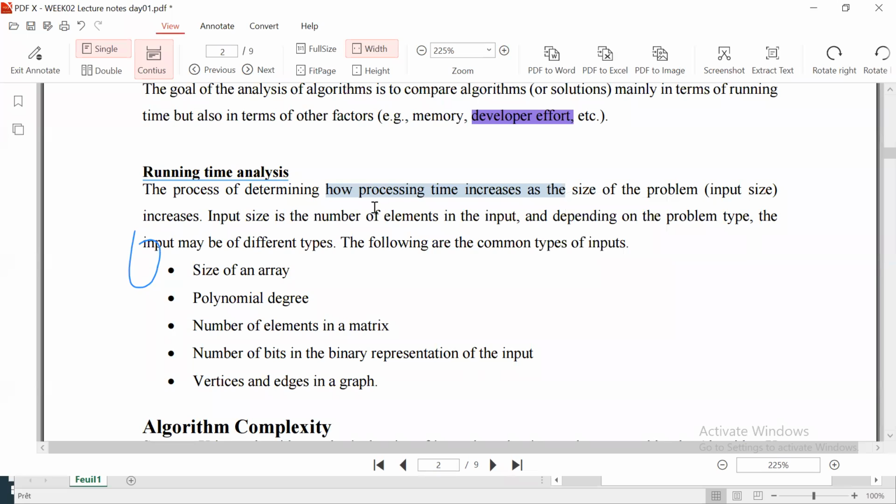How is the usage of the memory and the processor going to change in relation to the changes in the input of the algorithm? So that is the running time analysis.